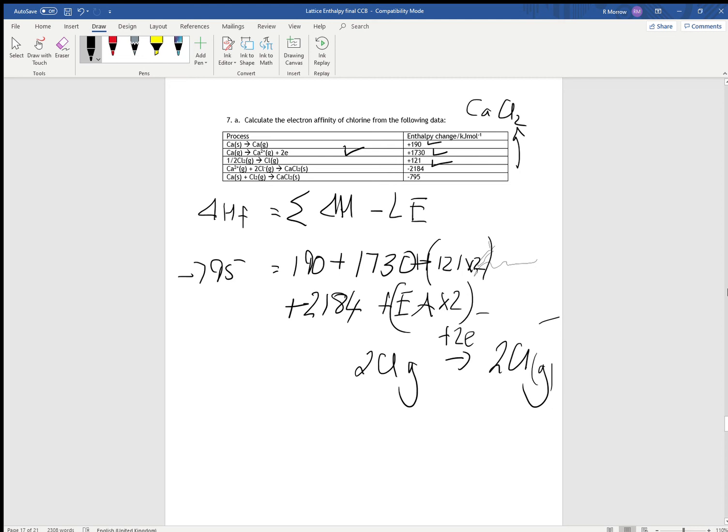The missing value between the left hand side of the equation and the right hand side wasn't the electron affinity, it was actually the electron affinity times 2.